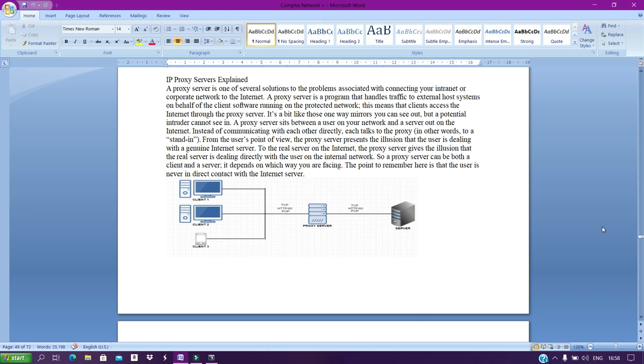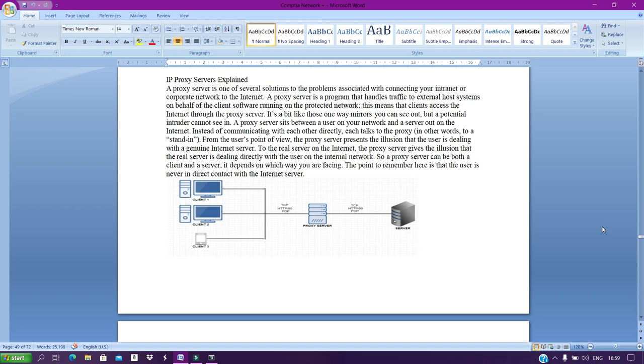A proxy server sits in between a user on your network and a server on the internet. Instead of communicating with each other directly, each talks to the proxy, in other words, to a stand-in. From the user's point of view, the proxy server gives the illusion that the user is dealing with a genuine internet server.